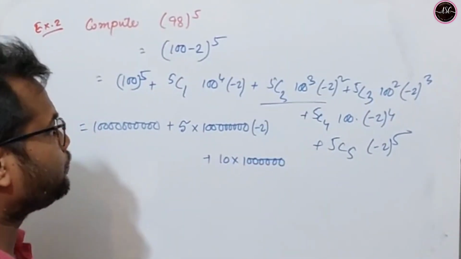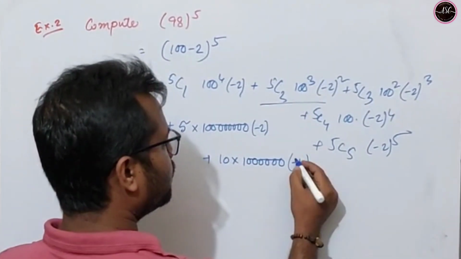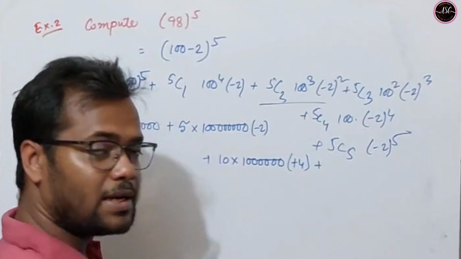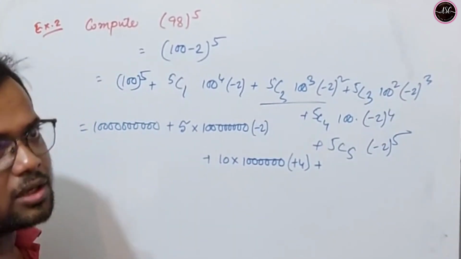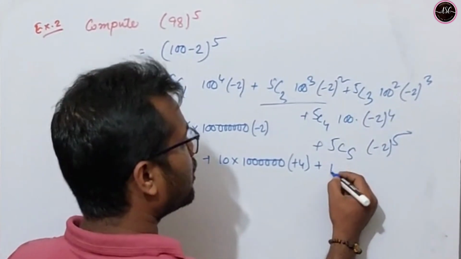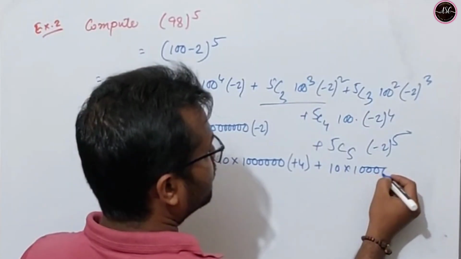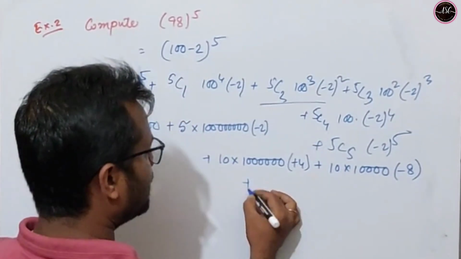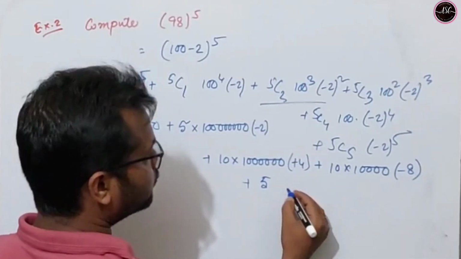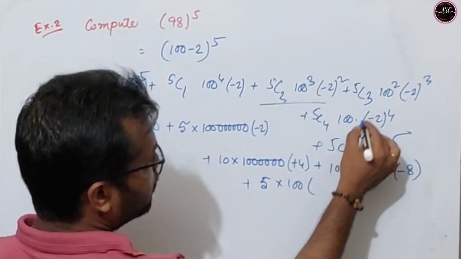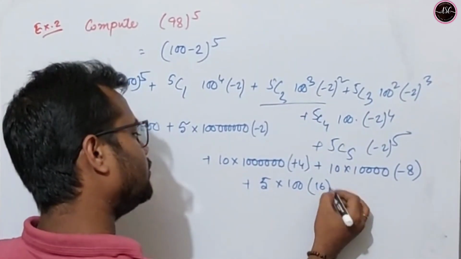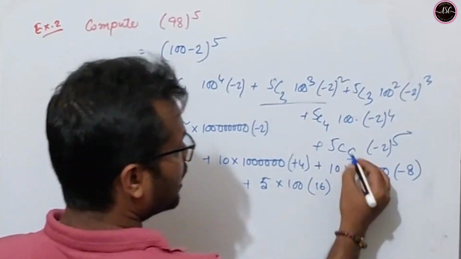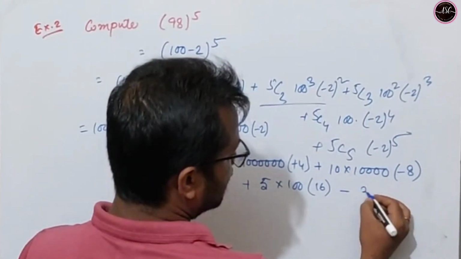100 cube, this minus 2 square equal to 4. Okay, and 5c3 equal to 5 factorial divided by 3 factorial into 2 factorial. So there will be 10 into 100 square, and here will be minus 8. Okay, and 5c4 equal to 5 into 100 into 16, minus 2 to the power 4 equal to 16, and here will be minus 32.